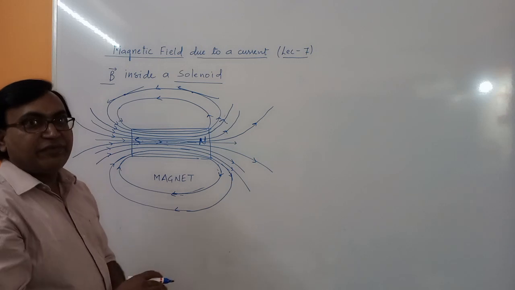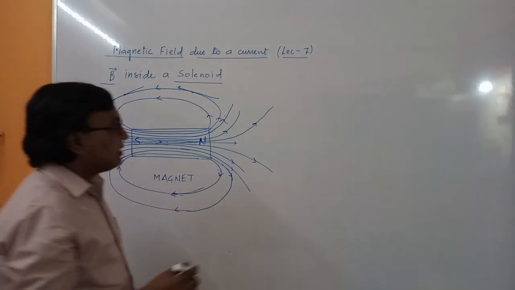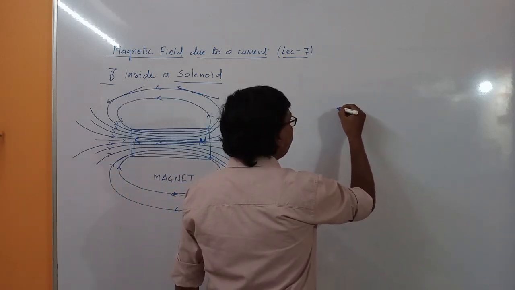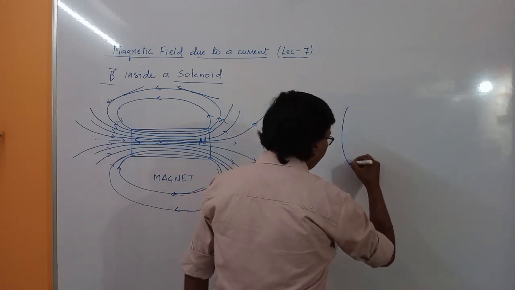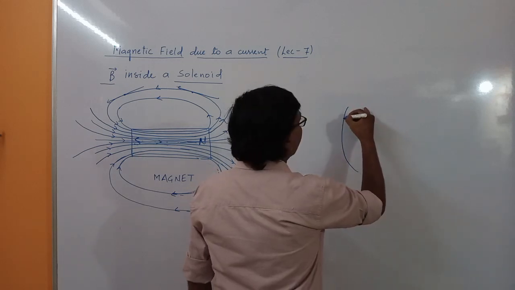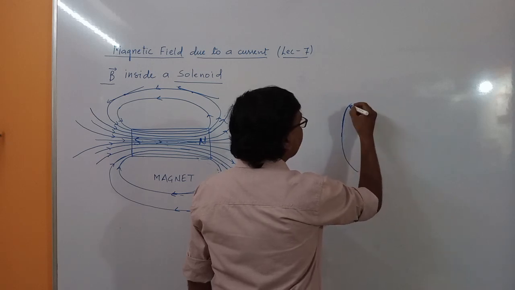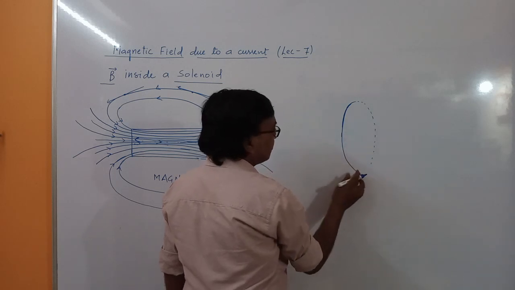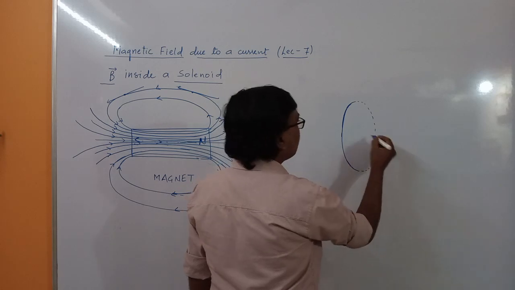Now similarly we have an electromagnet. This is a natural magnet. We have an electromagnet, that is a circular loop. Suppose we take a circular loop carrying a current I. So this is a circular loop.